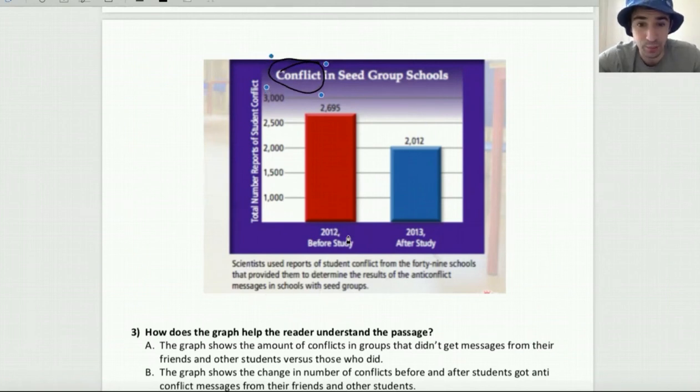I see here before the study, there were 2,695 conflicts at these schools. Afterwards, there were 2,012 conflicts. I can see already that there were fewer conflicts after the study. So having these students be against bullying stopped bullying.